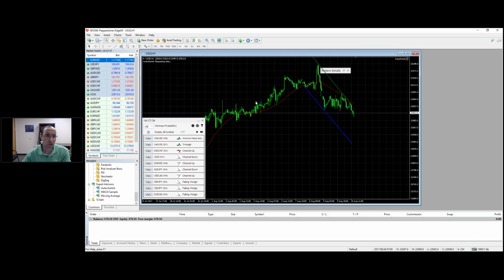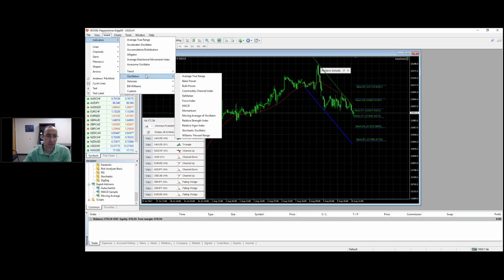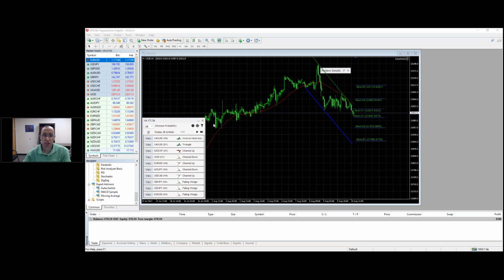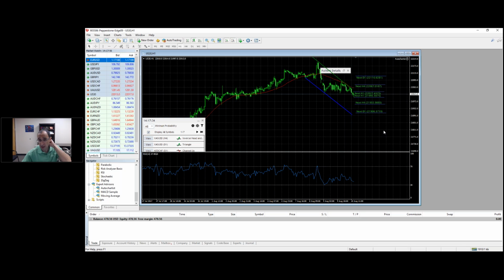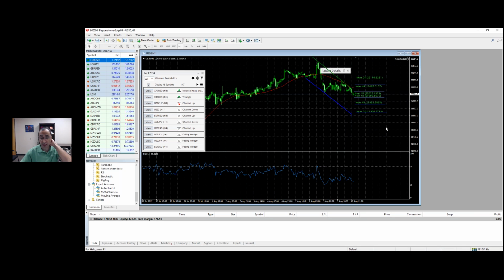For the emerging patterns, the ones that have not broken through, you can use something like an RSI to show you whether the market has been overbought or oversold, because emerging chart patterns show you whether there's been a turnaround and whether we expect the price to continue to go down or up.